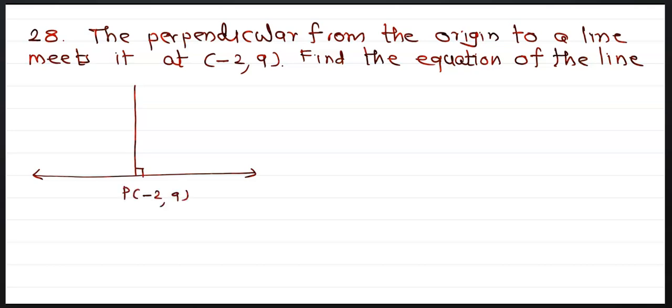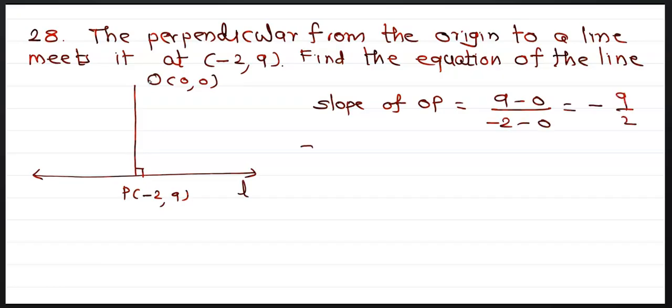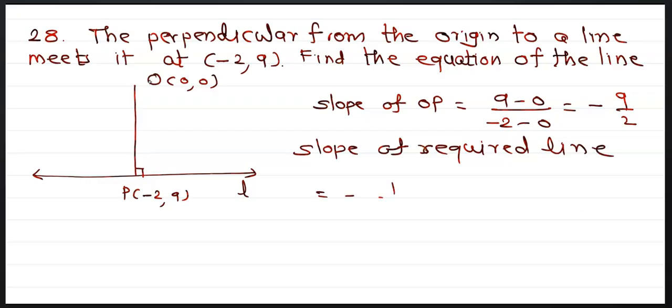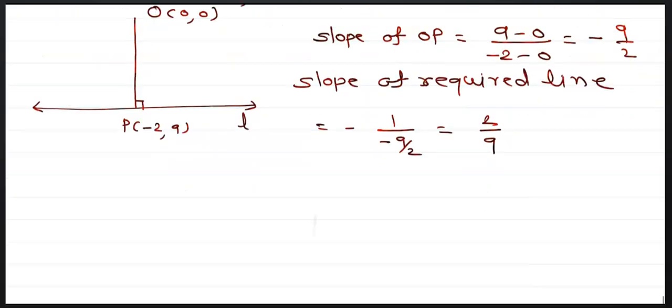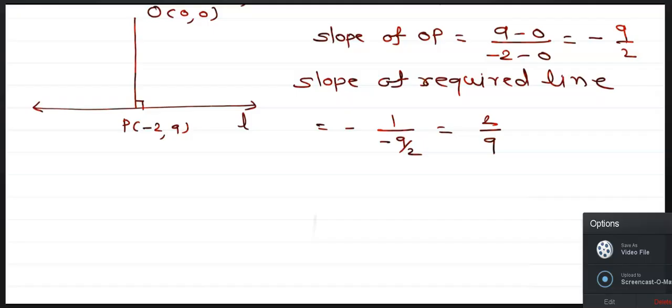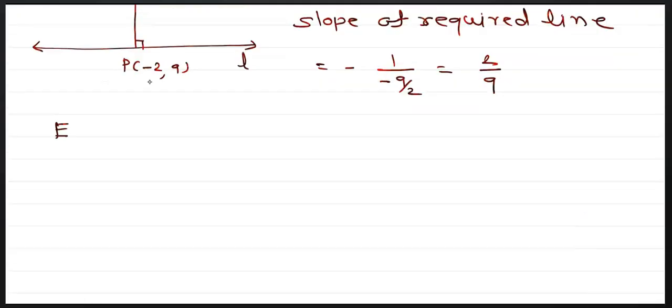The perpendicular from the origin to a line meets at (-2, 9). O is (0, 0). The slope of OP is (9 minus 0) upon (minus 2 minus 0), that is minus 9 by 2. Slope of the required line is minus 1 upon minus 9 by 2, that is equal to 2 by 9.